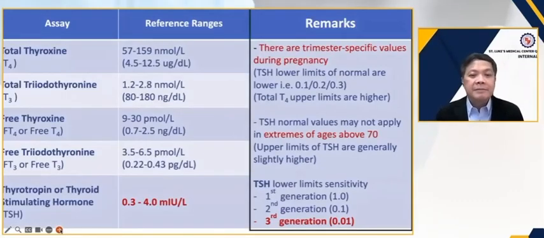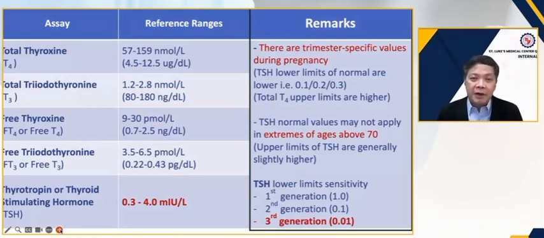So these are the possible hormones that you can request for: T4, T3, FT4, and FT3. Generally, the preferred test that you have to ask for is either free T4 or free T3. Rarely do we request total T4 and T3, so that we don't have to deal with whether the patient has a binding protein problem.